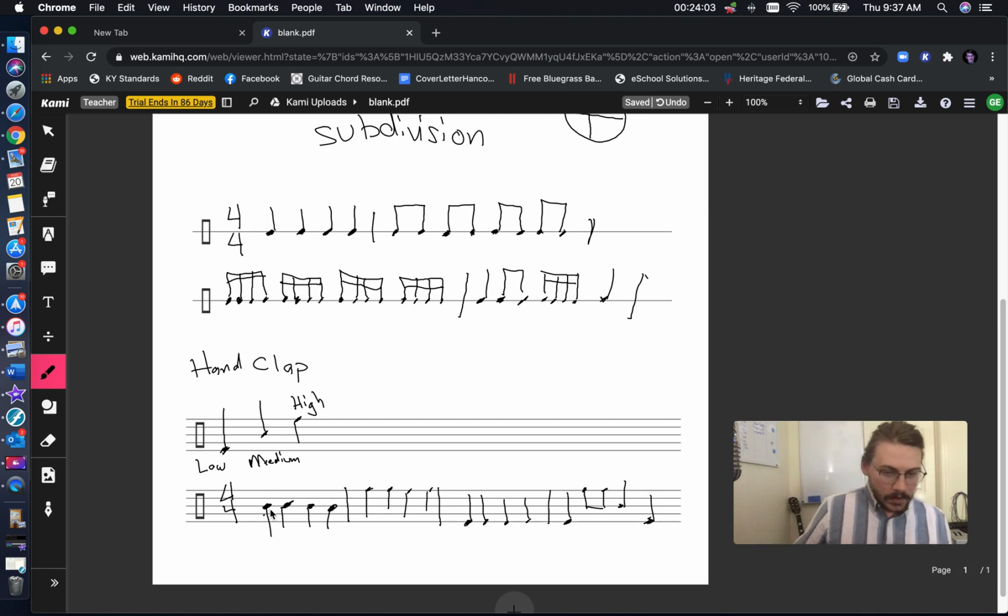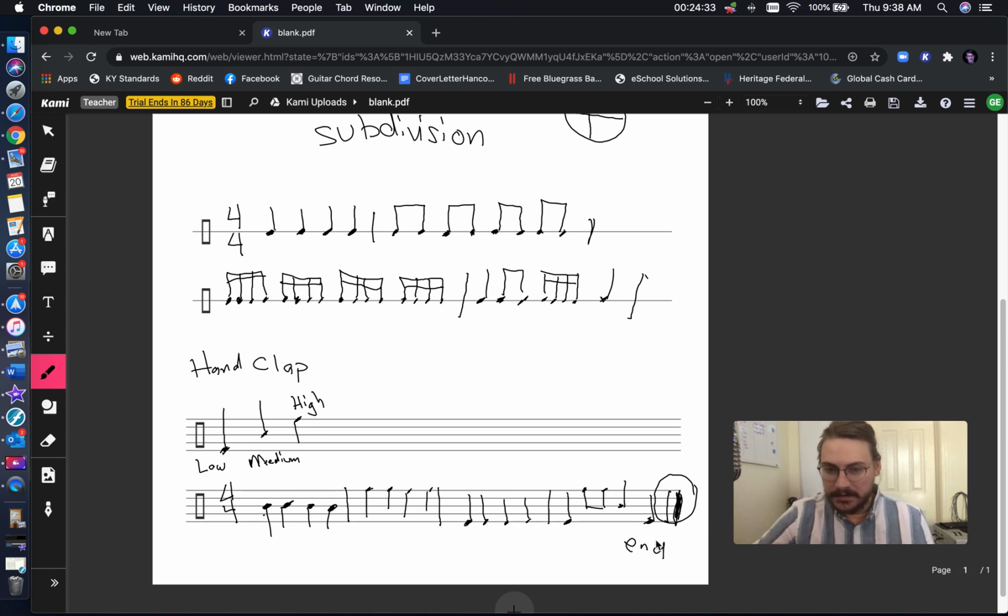So we have ta, ta, ta, ta, ta, ta, tadi, ta, ta, when we read that. And we're going to say this is the end of our example. So I'm going to draw what is called a double bar line. If you see this, it means it's the end of a piece. It's kind of like the period in music. You know it's the end of a sentence, you know it's the end of a piece.